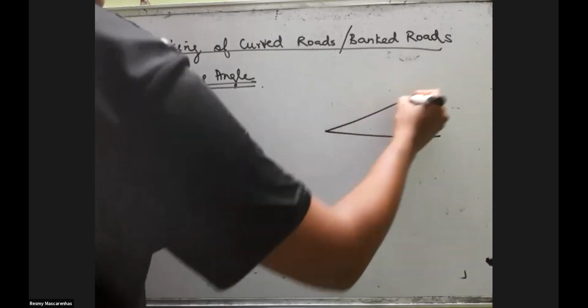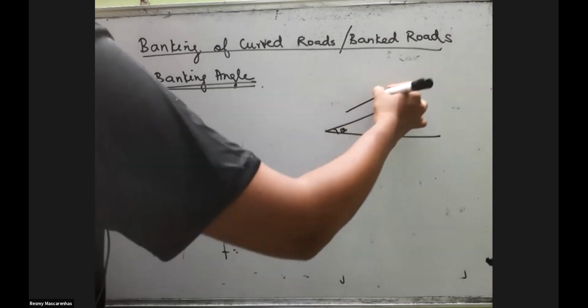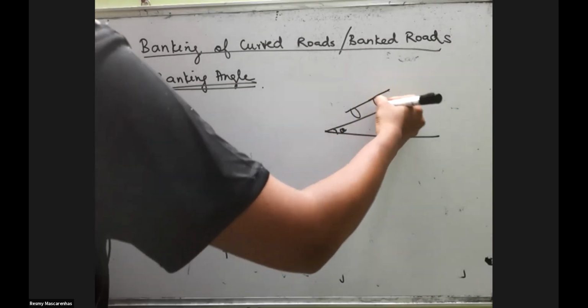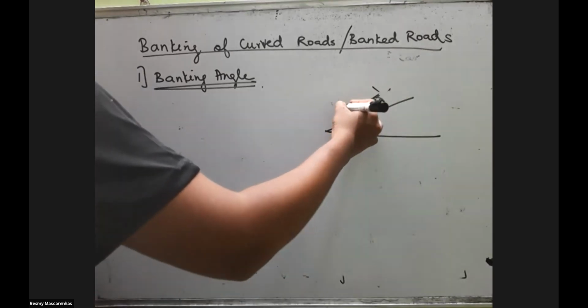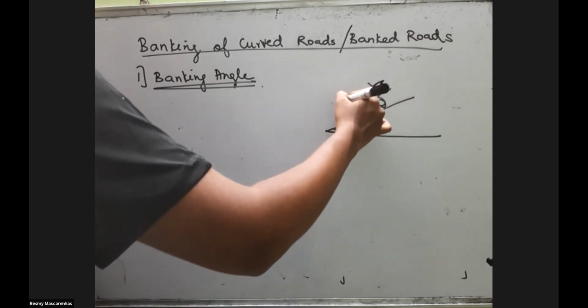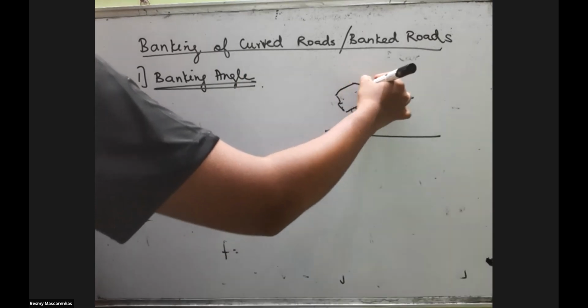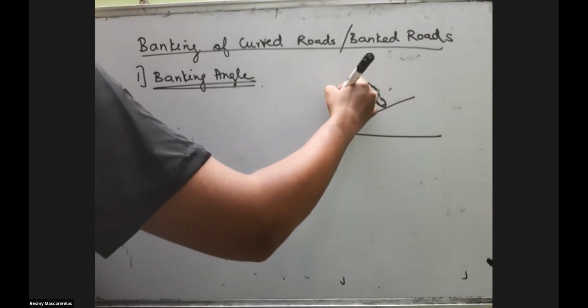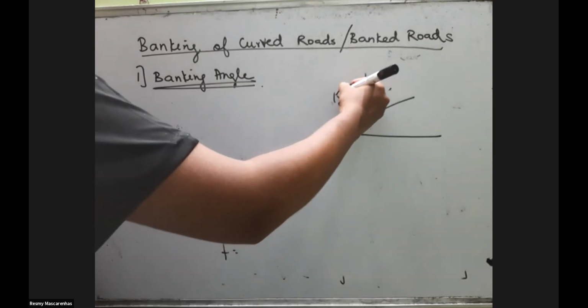You can just draw it like this. This is at theta. The car will be like this. The car is actually coming this side. So the driver would be here.